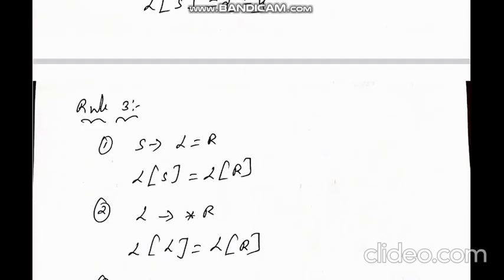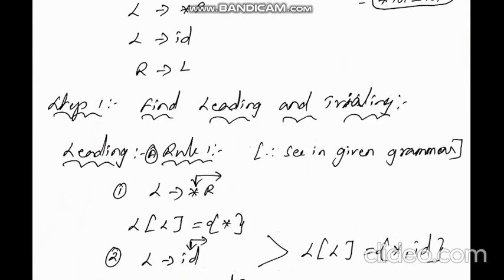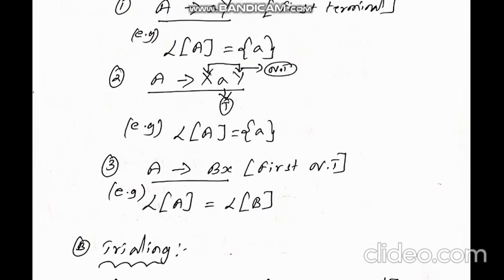So let me take it to the third rule. The third rule is, as you all know, you can see here, I will scroll up. Here you can see that the third rule is, you are going to take any left hand side non-terminal. Here A is a non-terminal and B is a non-terminal. Any non-terminal in the left hand side pointing to a non-terminal in the right hand side.